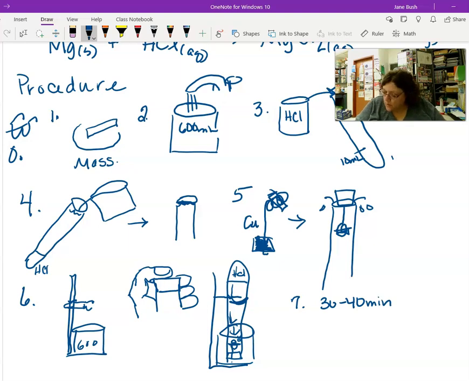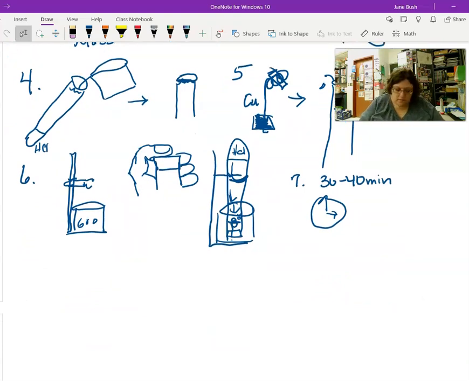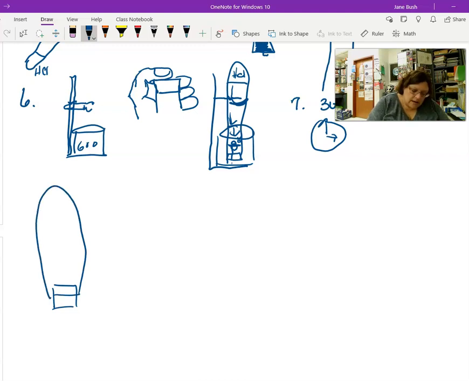At that point, after it has reacted for 30 to 40 minutes, and all of the magnesium is gone, then we are going to take the tube out. And again, you got to cover it with your finger.